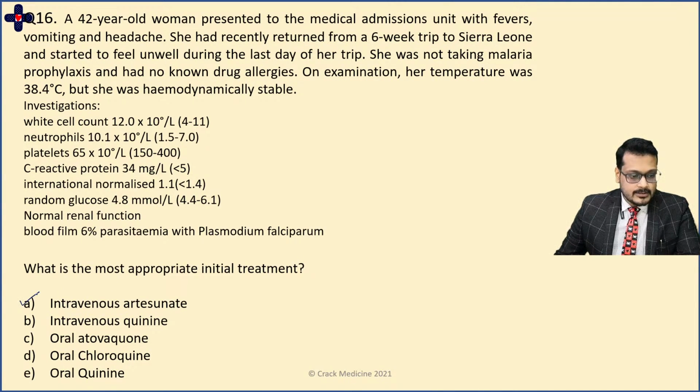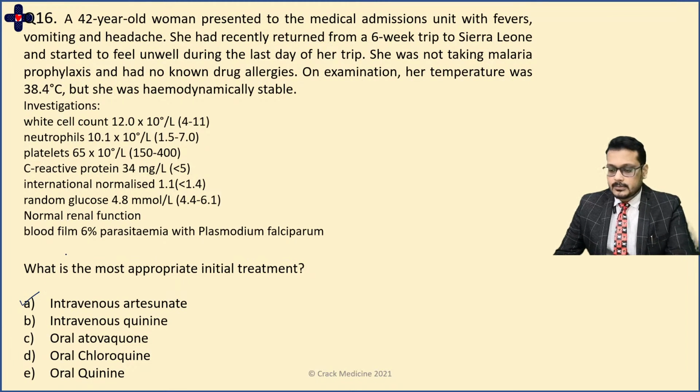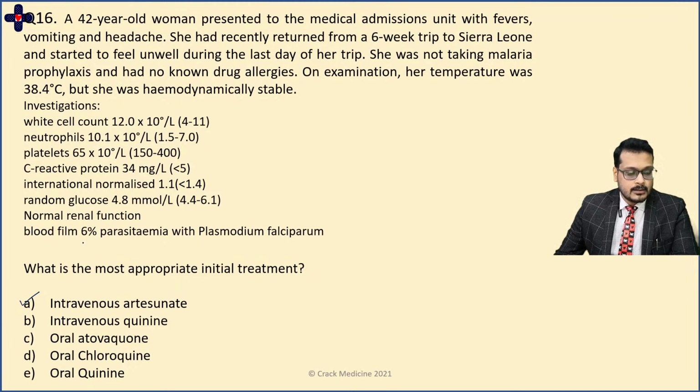It is intravenous artesunate. The giveaway to this question is the blood film, which says 6% parasitemia with Plasmodium falciparum. So this is basically severe malaria.